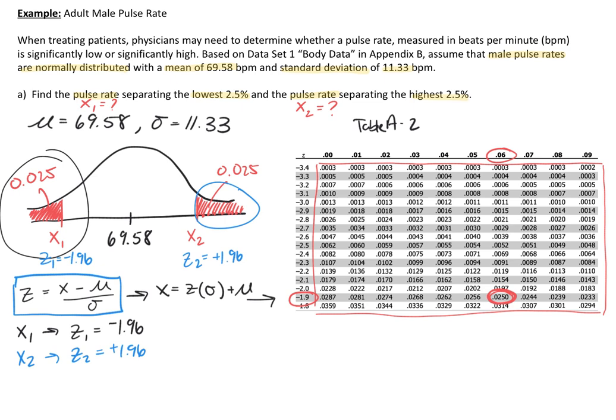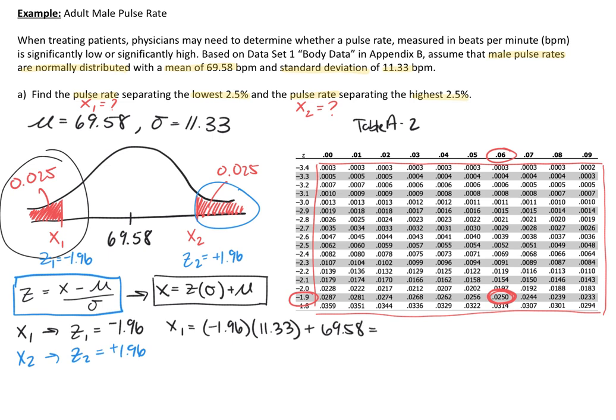This is a formula that you should start to memorize, because this is the formula you want to use when you know the z-score and you're trying to work backwards and find the actual variable x. So to find x sub 1, I'm just going to substitute in the z-score, negative 1.96, times the standard deviation of 11.33, and then add the mean value of 69.58.